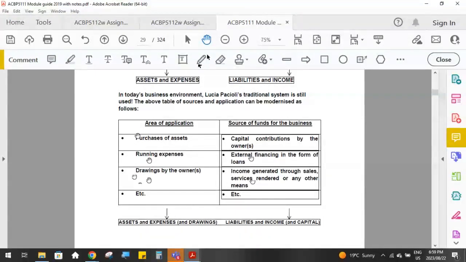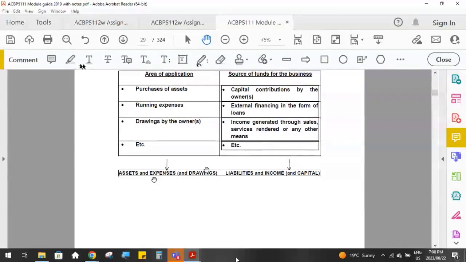And the application is exactly the same. We'll purchase assets, we use some of the money for the running expenses of the business. Some of the money will still be in our bank account, and then the owner is allowed to draw some of that money. In other words, when the business makes a profit, the owner can take some of that profit for his own use, which is called drawings.